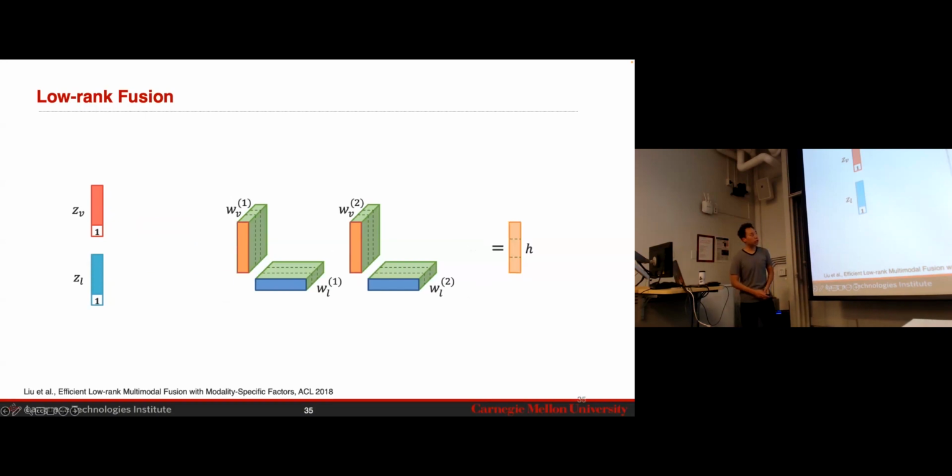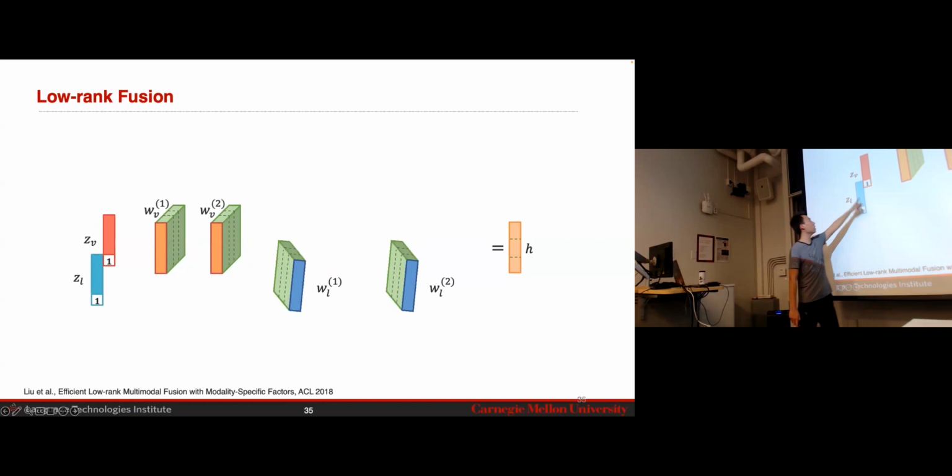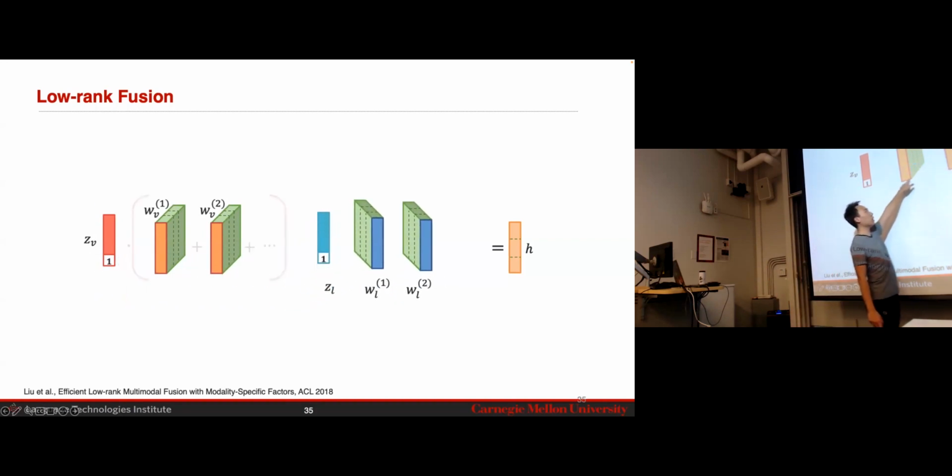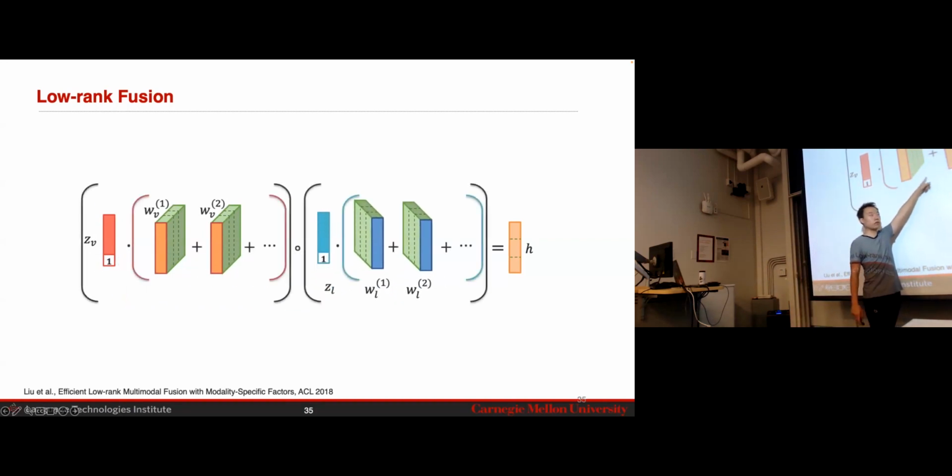And you can actually prove that you can rearrange the computation and get something equivalent, right? Just take my first vector, multiply by each of these low rank factors for that modality, and I multiply with my second feature, with my second modality, multiply with the weight matrices in the second modality. And it's actually equivalent to actually constructing the high rank tensor and actually doing the multiplication.